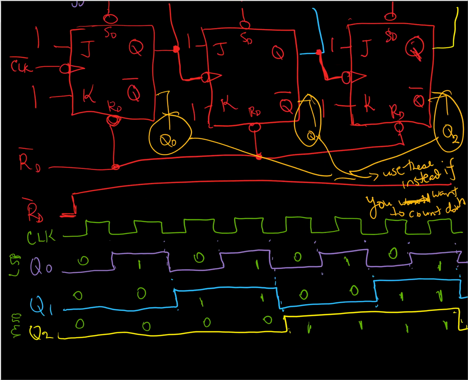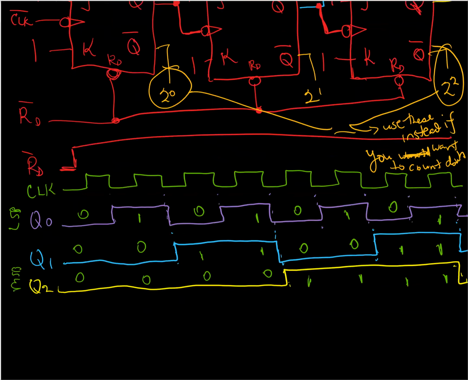And actually, let me change my notation here a little bit. Instead of calling them Q's, because I'm taking the Q bar outputs, let me call this 2 to the 0, 2 to the 1, and 2 to the 2, representing least significant to most significant bit.